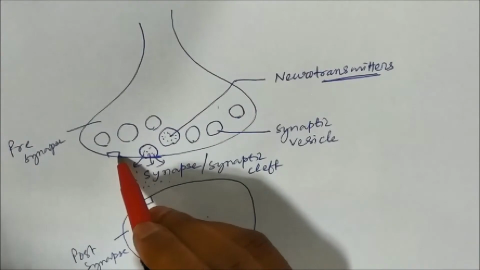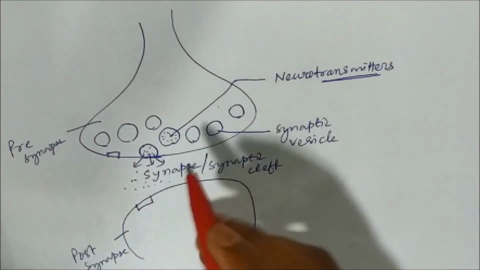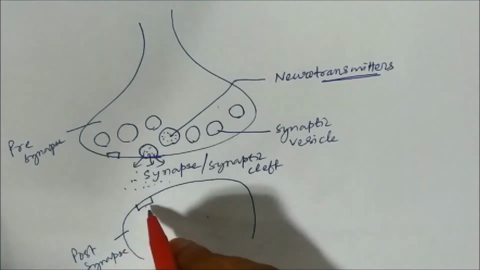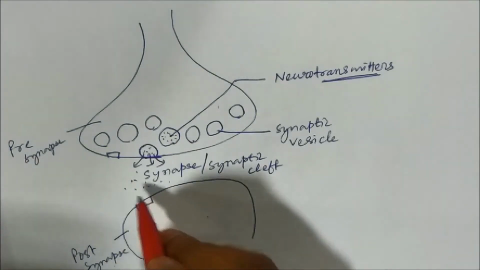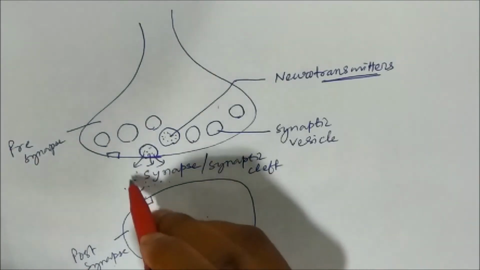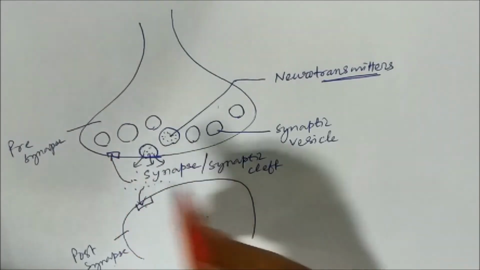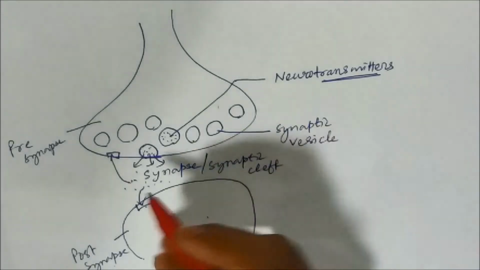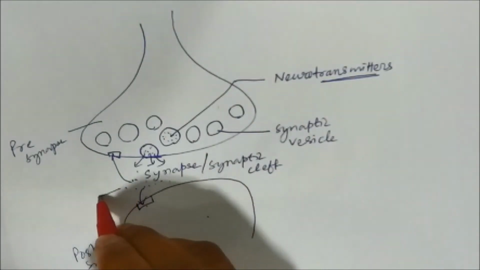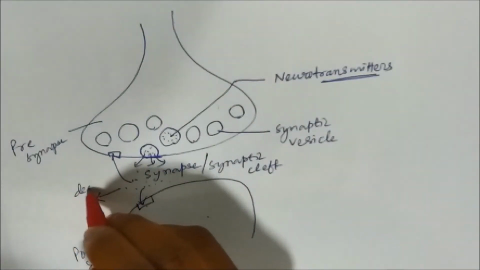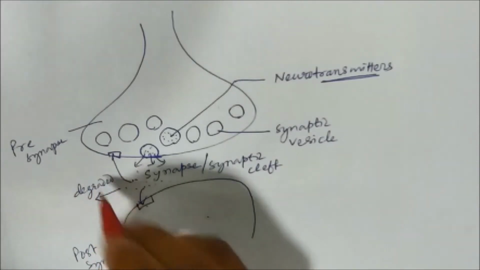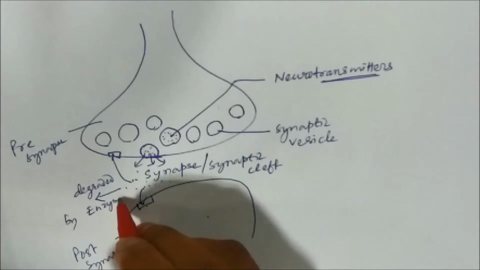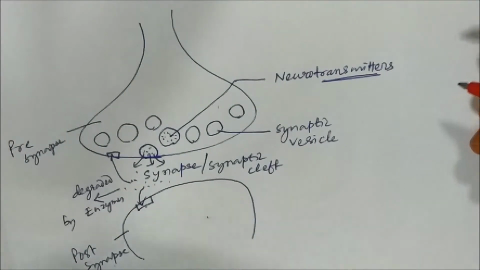If a receptor is on the presynapse, it is called a presynaptic receptor, and if the receptor is on the postsynapse, it is called a postsynaptic receptor. The neurotransmitters act on these receptors to show their actions, and they are also degraded by enzymes in the synaptic cleft.